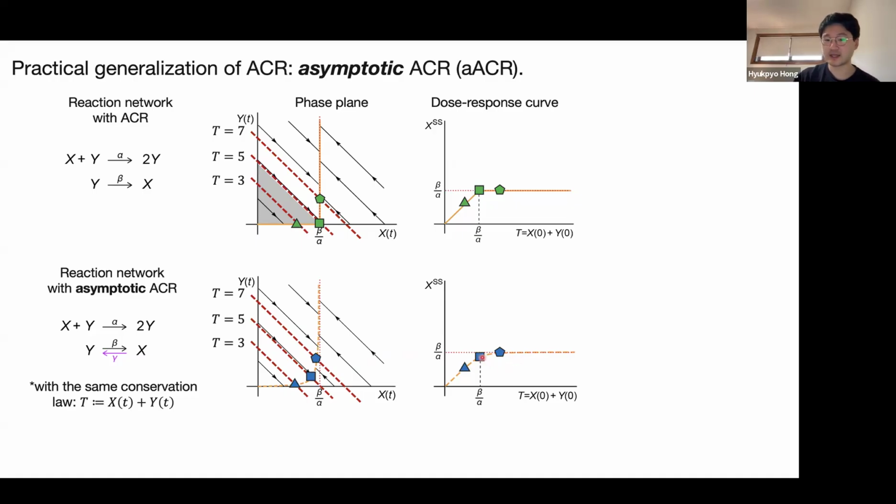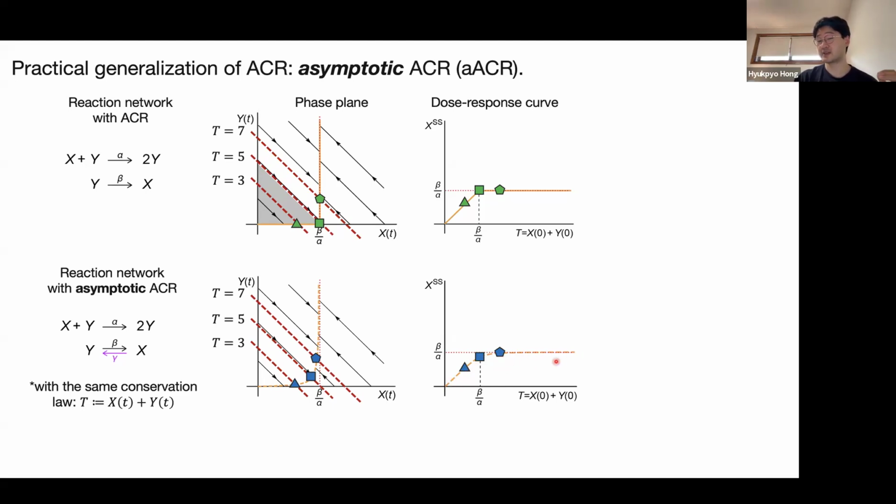Now you can see that in the first picture with the conventional ACR, we have the stiff corner at the point beta over alpha, but in this case we have no such perfect, stiff corner; we just smoothly approach the level beta over alpha.